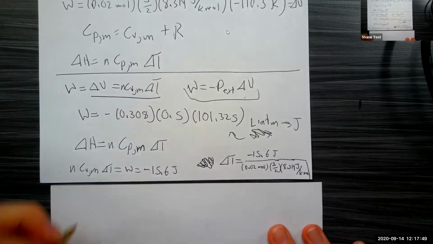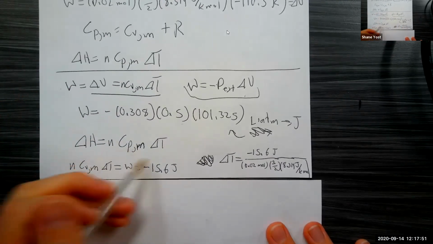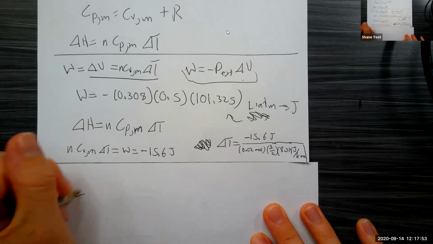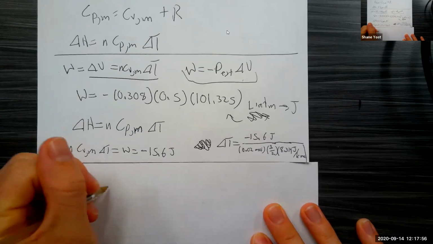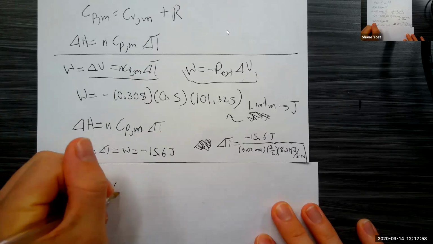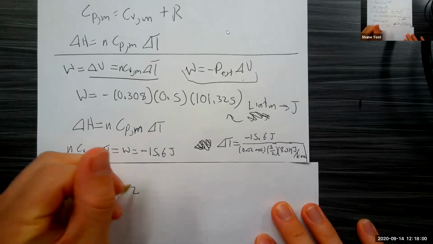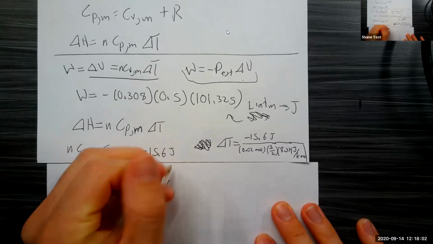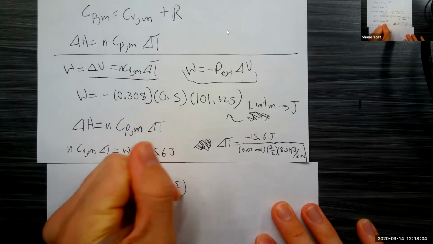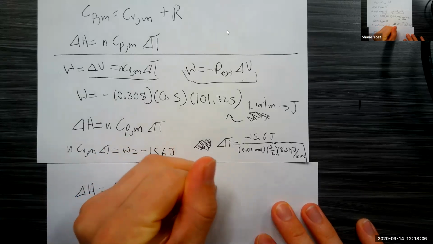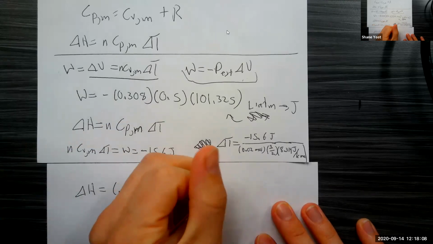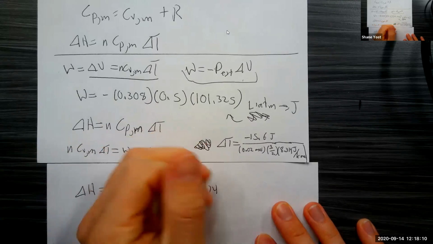And actually, if I wanted to, I could plug that back into the delta H equation and have delta H equals 0.02 moles times 5/2 times 8.314 joules per Kelvin mole. Again, C_P is just C_V plus R, that's how I got that.